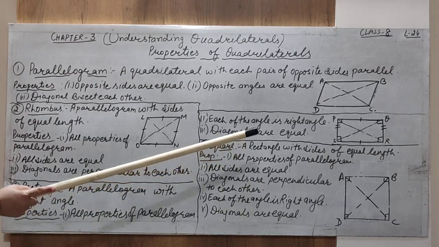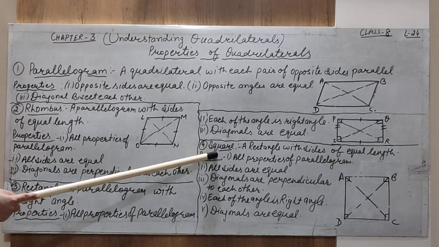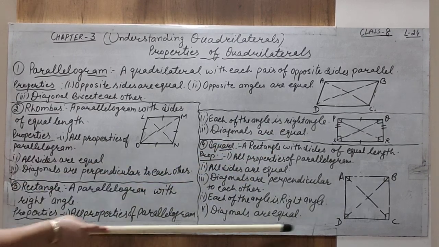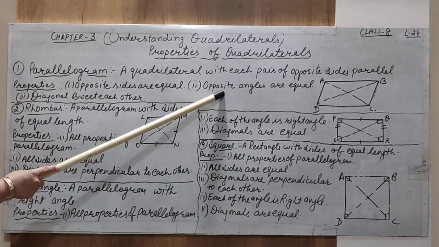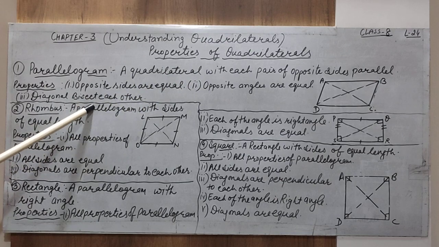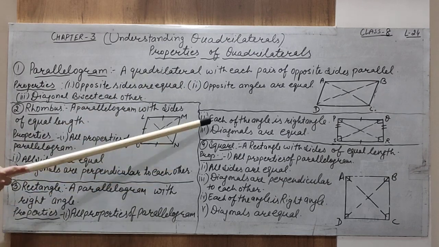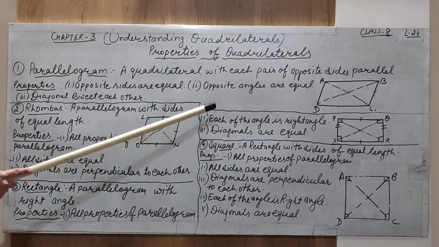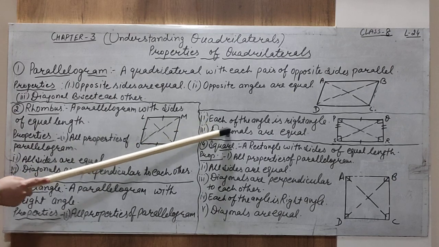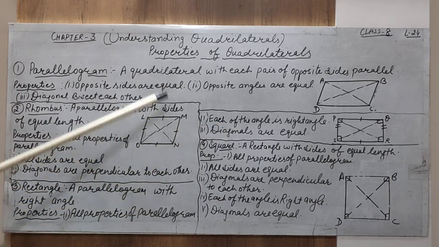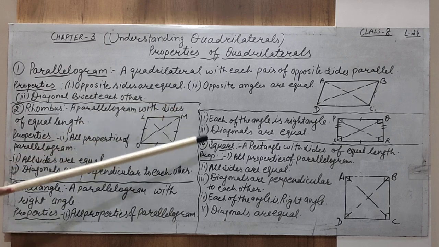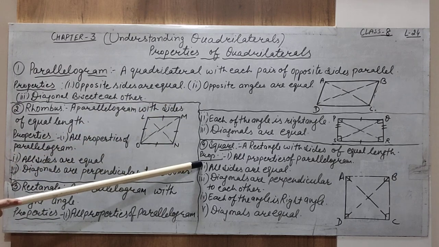That is, a square is a four-sided figure in which opposite sides are equal, opposite angles are equal, diagonals bisect each other, each angle is 90 degrees, and diagonals are equal.